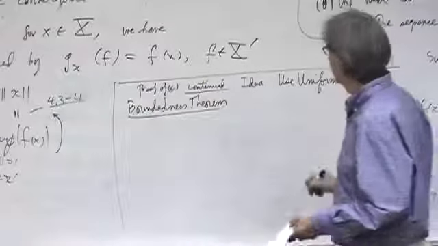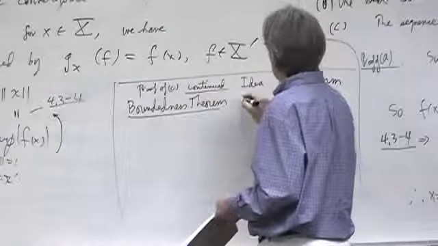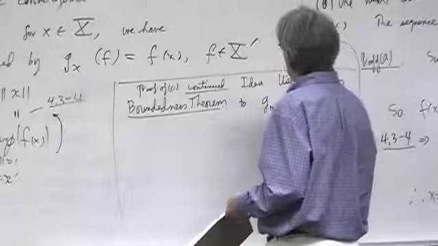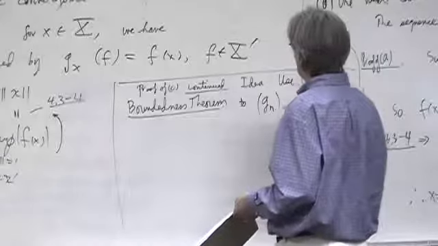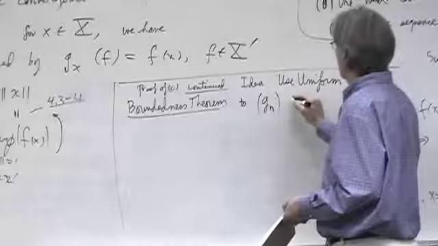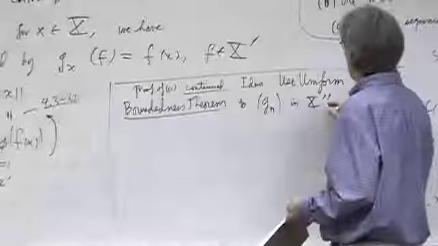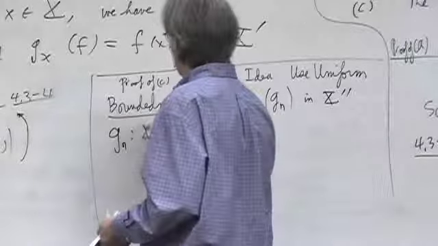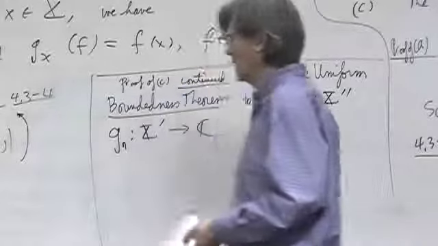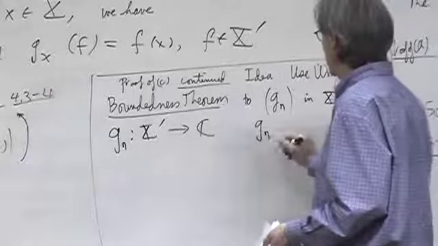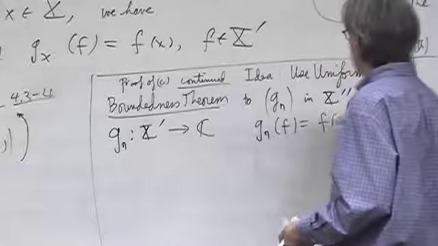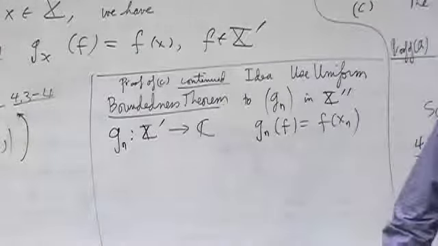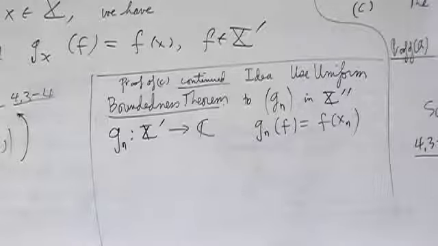Apply it to the sequence G sub n in x double prime. That means that G sub n is mapping x prime to the complex numbers, where G sub n of f is equal to f of xn. I just put G sub n instead of G sub x sub n. I don't want to have to go through all that.